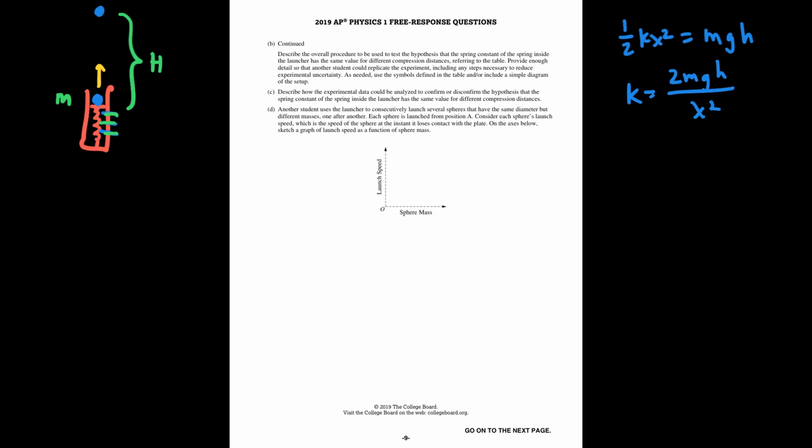In order to analyze this data, what I'd really like to do is have a graph where the slope of the graph represented the spring constant, and then if the slope of the graph was constant, I would be able to say that the spring constant was also constant.